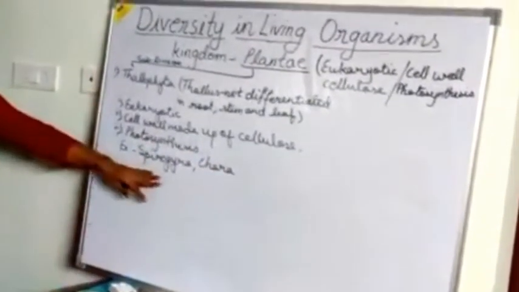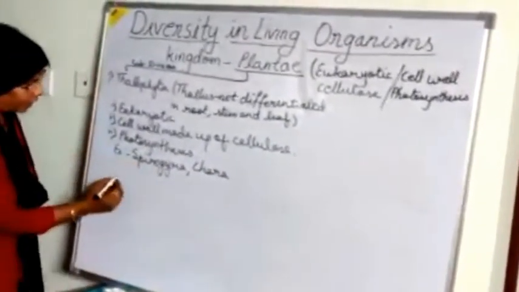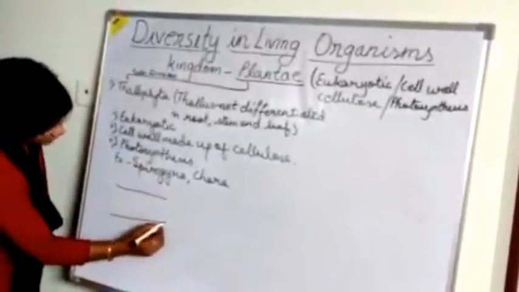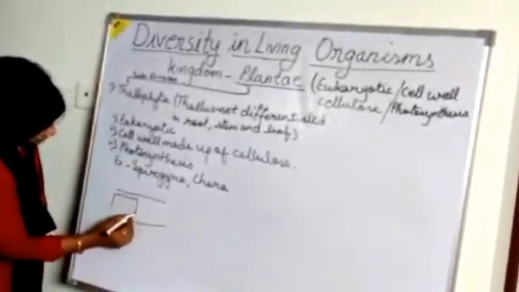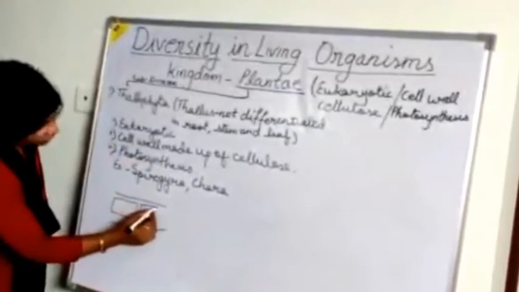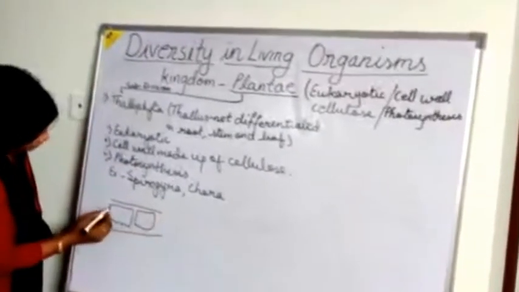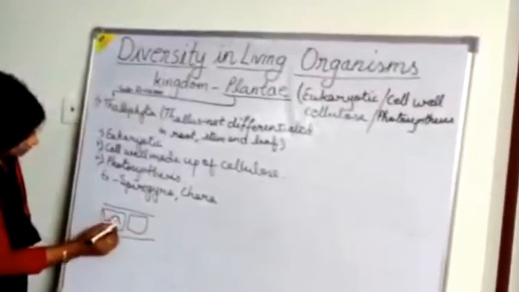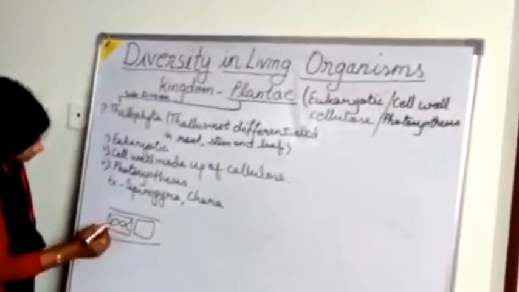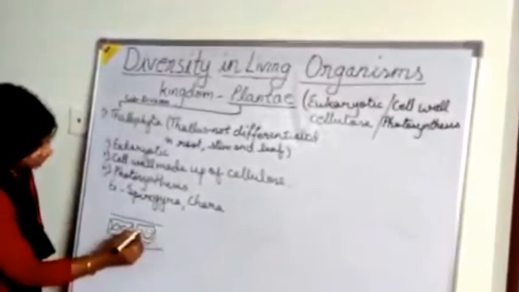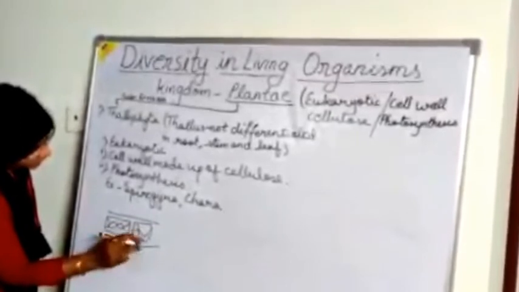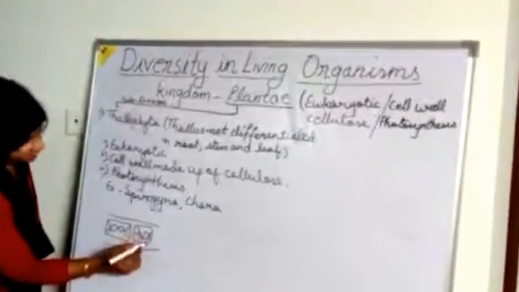Spirogyra is a ribbon-like structure which floats on the surface of the water. Here the chloroplast is present, which shows a ribbon-like green color.